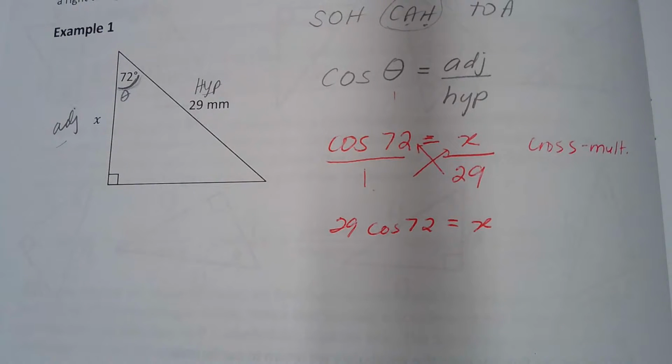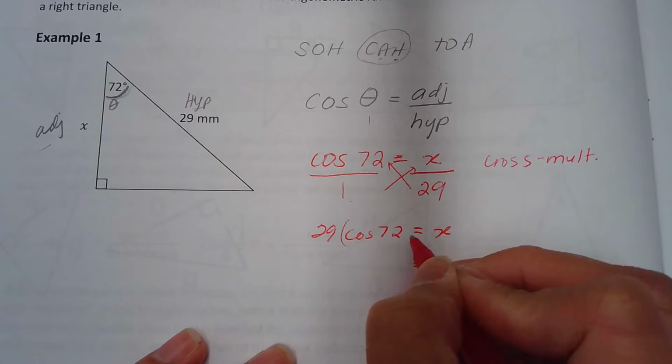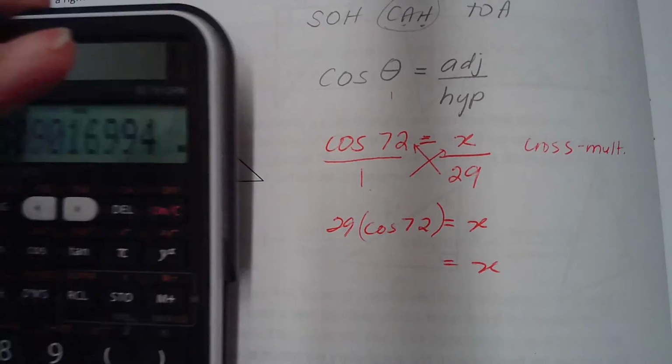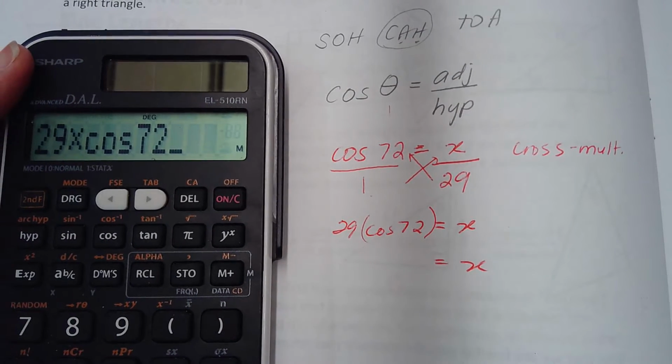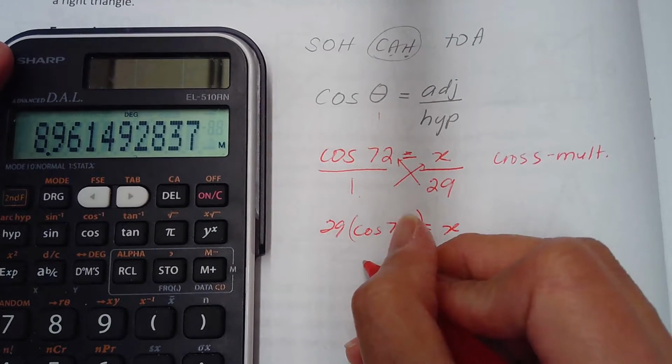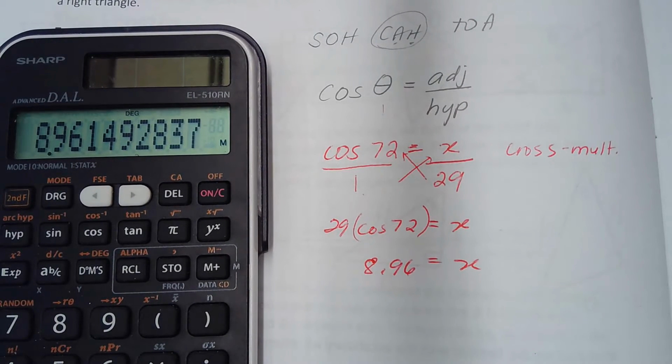Go ahead and type that into your calculator. We get 8.96. Did everybody get 8.96? We're just going to round it off to 2 decimal places.